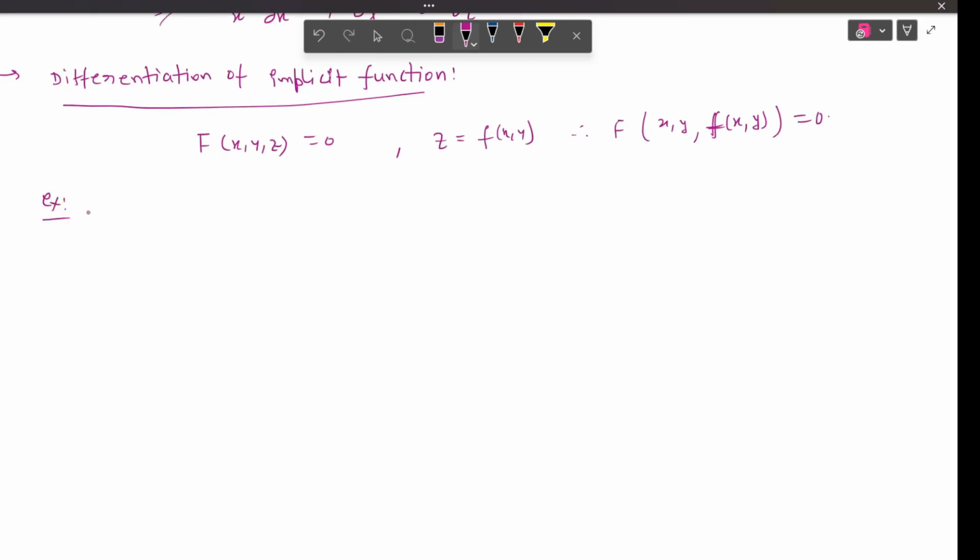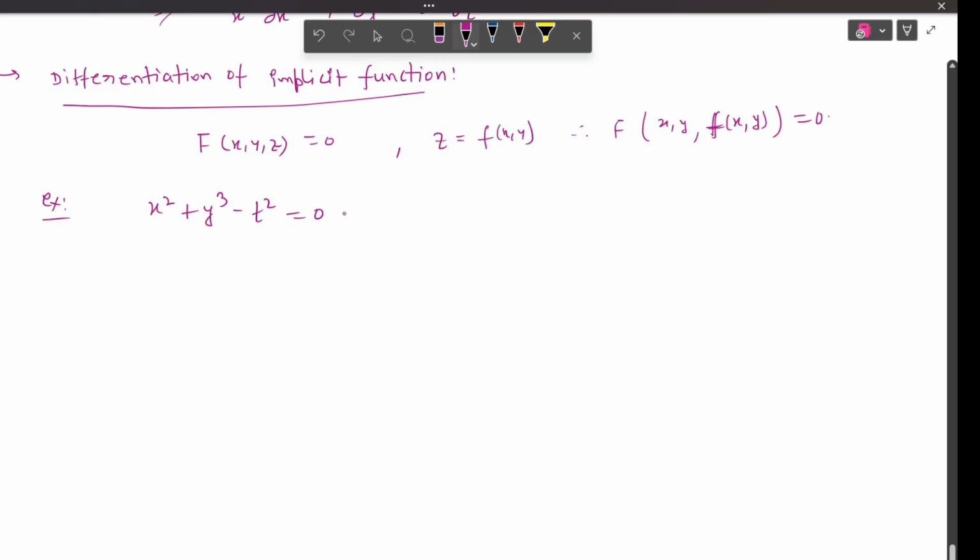It's not difficult. Let us say we have x square plus y cube minus p square, which is 0. It's an equation, right? And from this we can express p as x square plus y cube to the power half. So we can say that p is an implicit function of x and y.